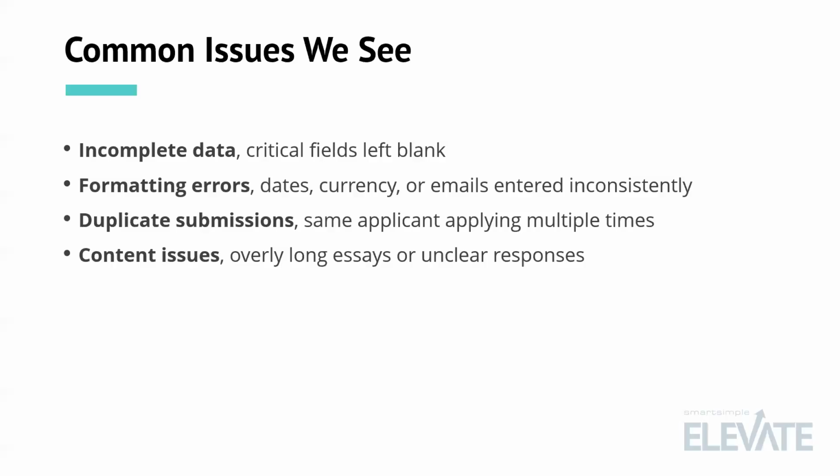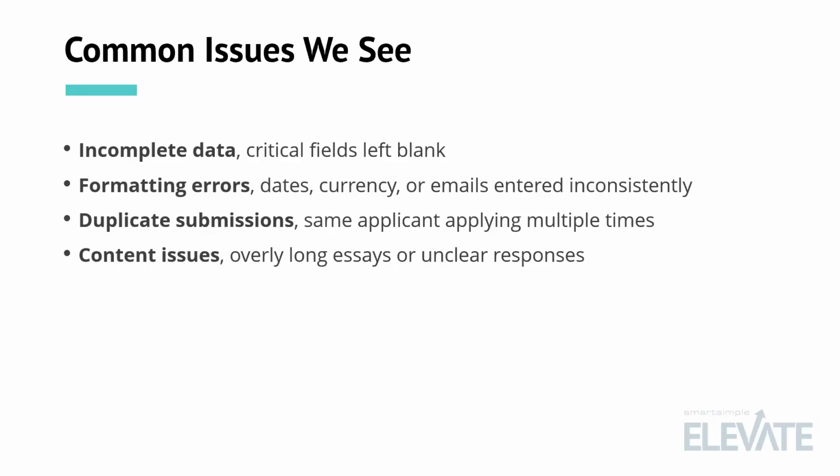So the common issues that we see when we mean what is a problematic submission, what does that really mean? So these are the top four common issues in those problematic applications. So we see incomplete data, basically critical fields that are needed that are left blank. Some formatting errors as well. So think dates, currency, emails that are being entered inconsistently. Another big one is duplicates, right?